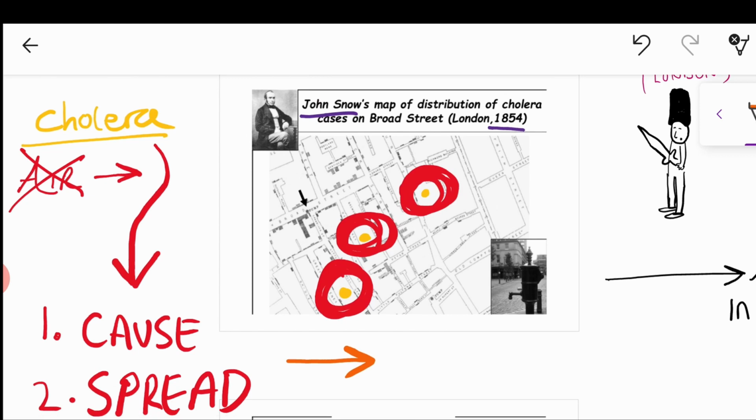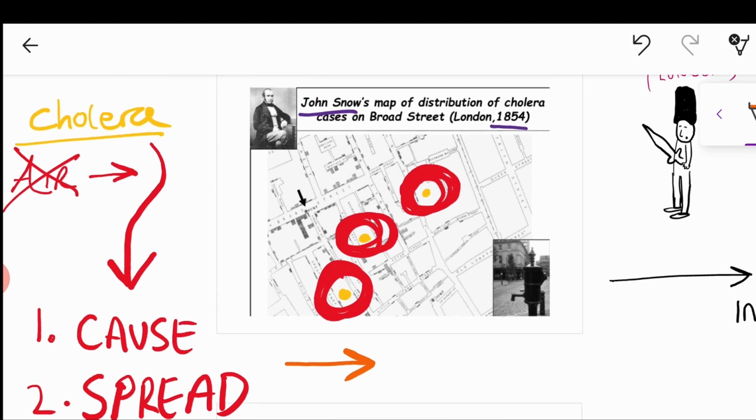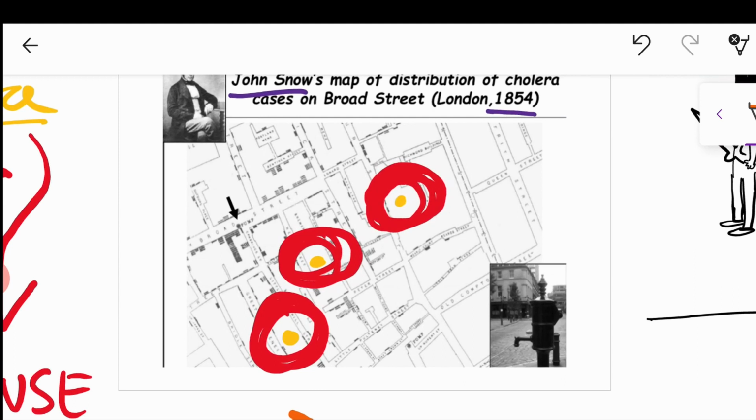This is the general definition of epidemiology. In a nutshell, he denounced the idea that cholera was spread through the air. He noticed this through the localized increase in cholera cases around water pumps. And of course we know cholera spreads through water.